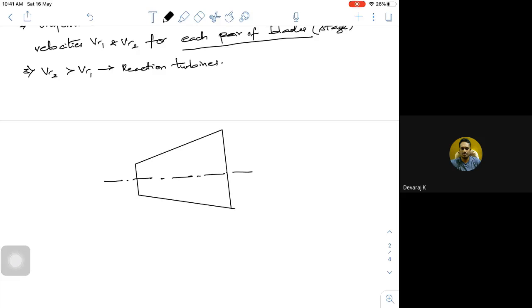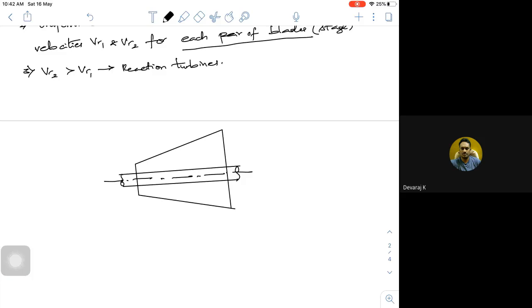I will first have a set of fixed blades. I have a rotor on a shaft.